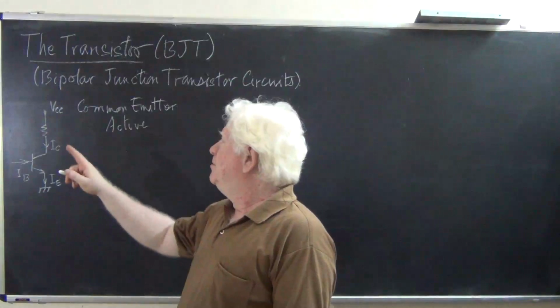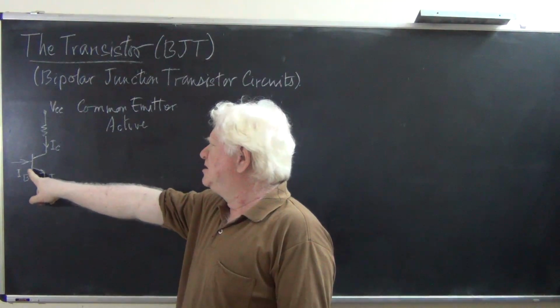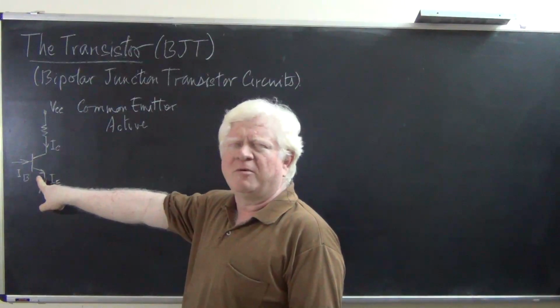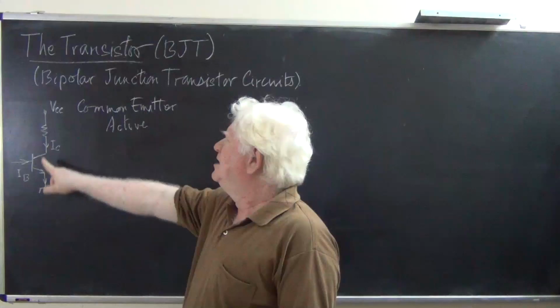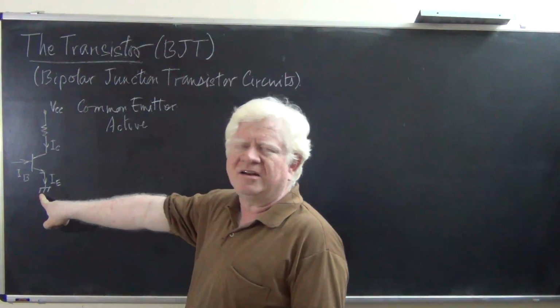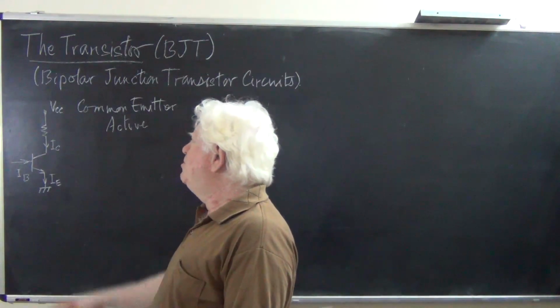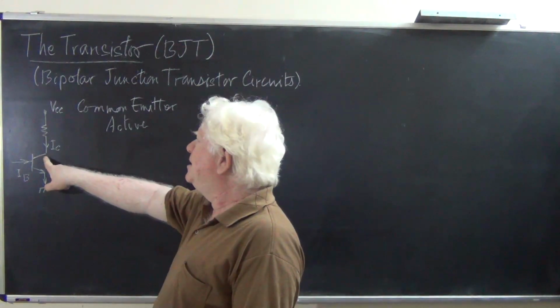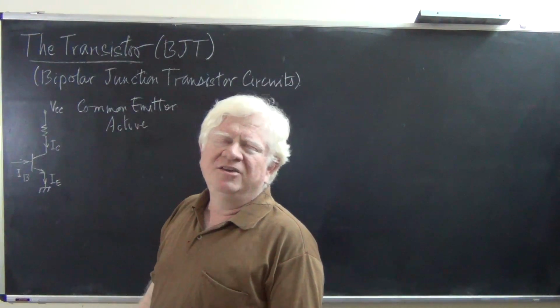you make sure that this emitter base junction is forward biased. For this kind of a transistor, that means this has a higher voltage than the ground, which is at the emitter's voltage, and further you make the other junction, the base collector junction, reverse biased. This is what we need to do.